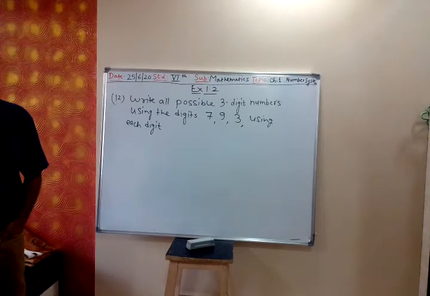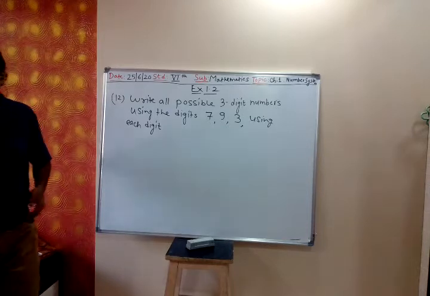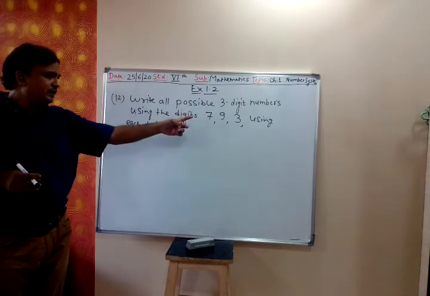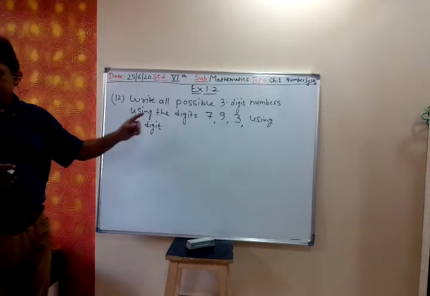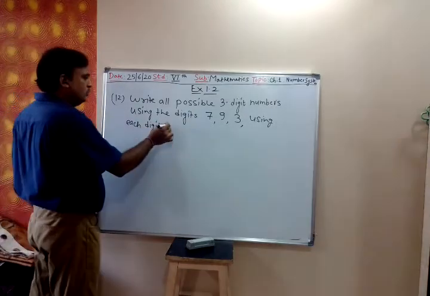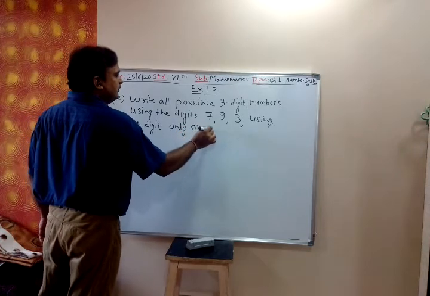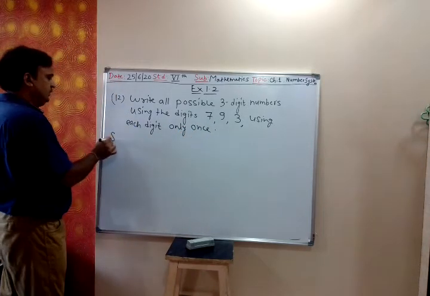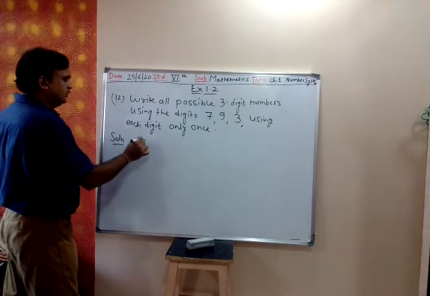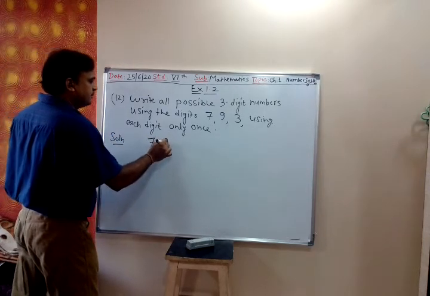Now write all possible 3-digit numbers using the digits 793, using each digit only once. Only one time you have to use each digit. So digits are 793.